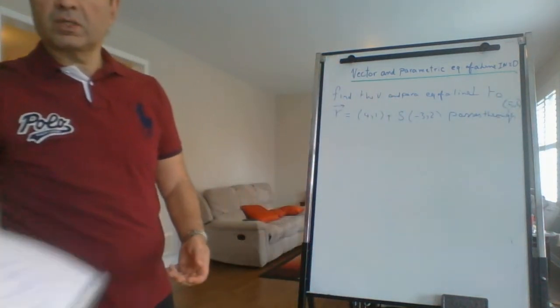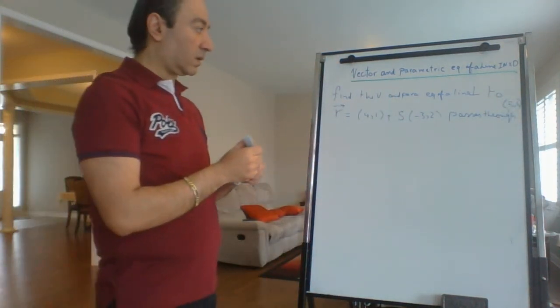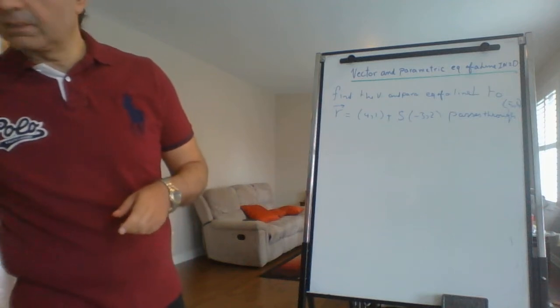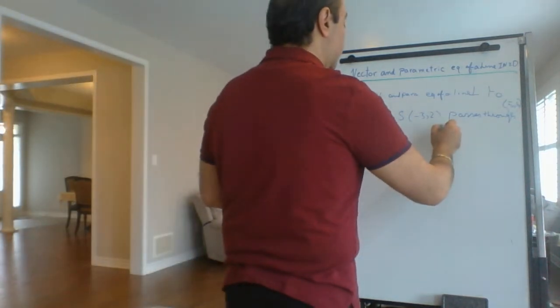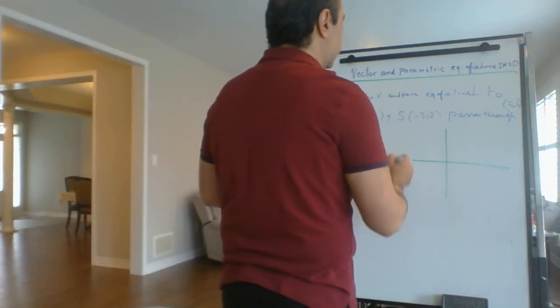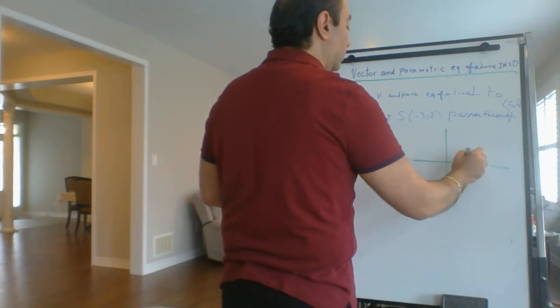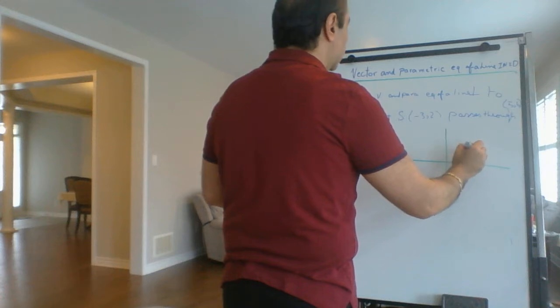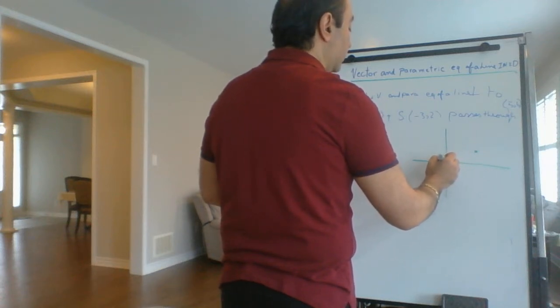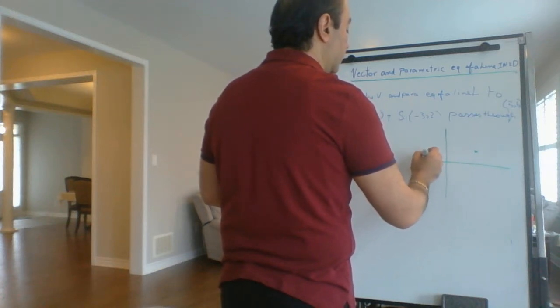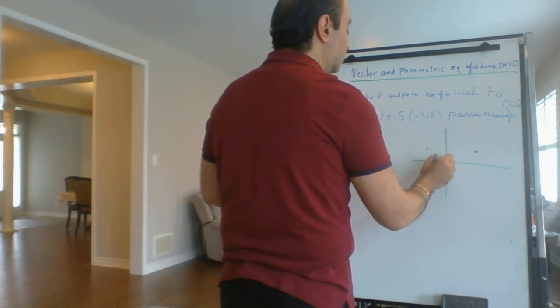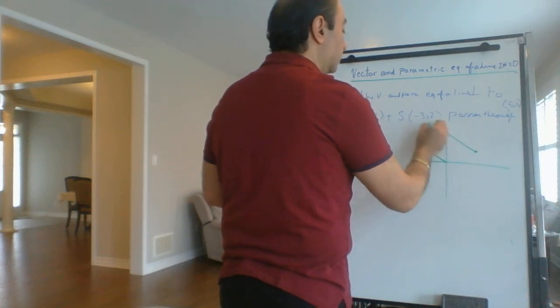So when we have a question like this, let us imagine how it looks, or draw a picture. We have a line that passes through the point (4, 1) and has a direction of (-3, 2). So this is the line.